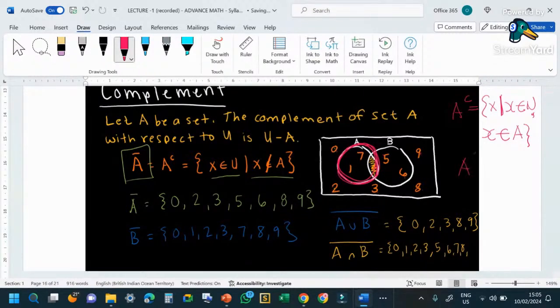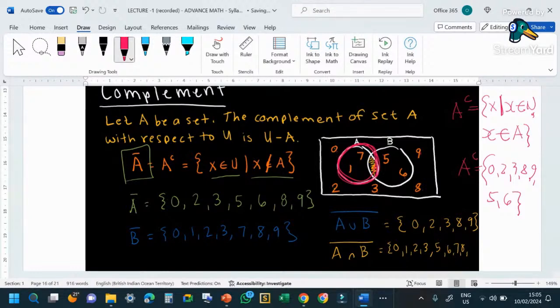Therefore, A complement will be 0, 2, 3, 8, 9, 5, and 6. Those that are not within A.